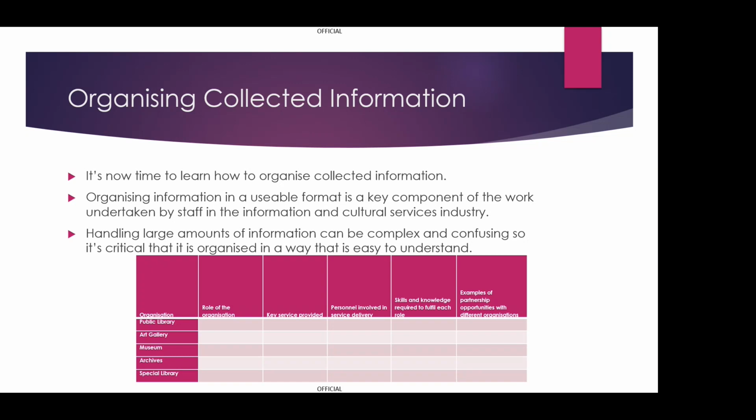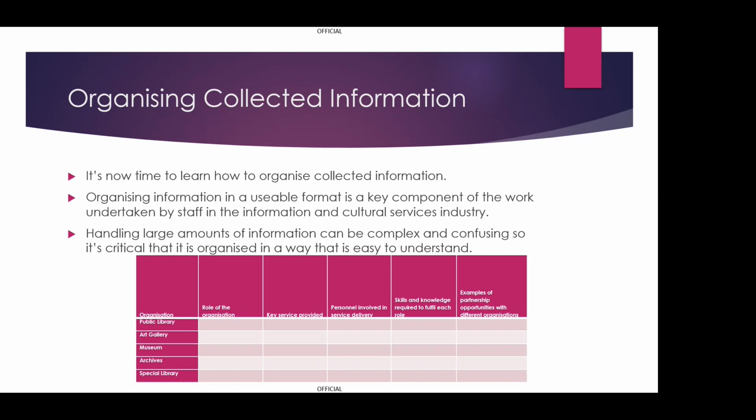Then it asks, what is the role of the organization? The key service that it provides, the personnel involved, skills and knowledge required to fulfill each role, and examples of partnerships. What we're trying to learn how to do is handle large amounts of information and put it into a table so that we can read all of it and understand how the information relates to itself. Okay, and you want to use a usable format.